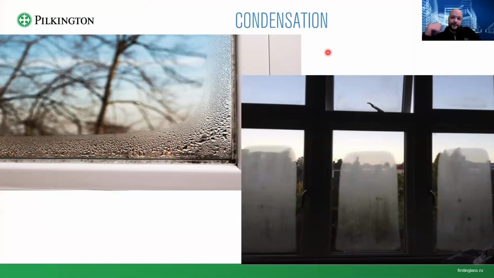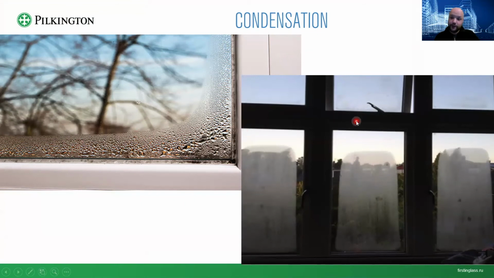Here I want to ask you a question. Here you have two photos of different IG units. On the left photo, the central part is clear and the edge zone is covered with water, condensate.